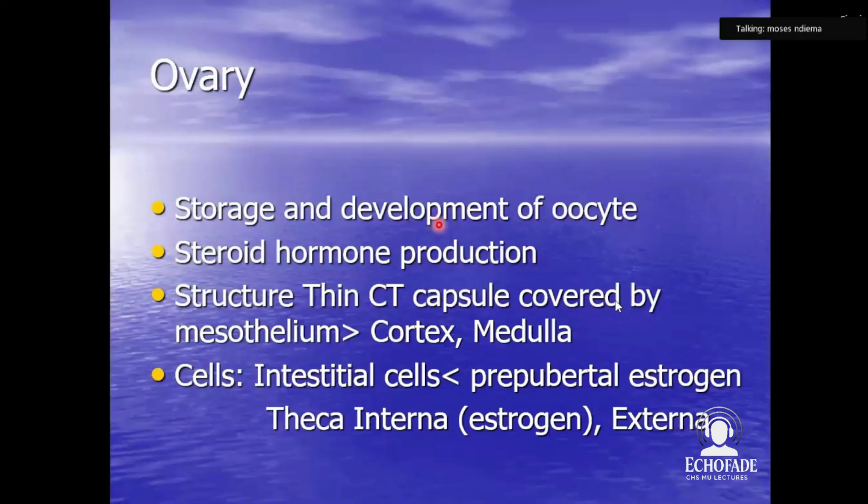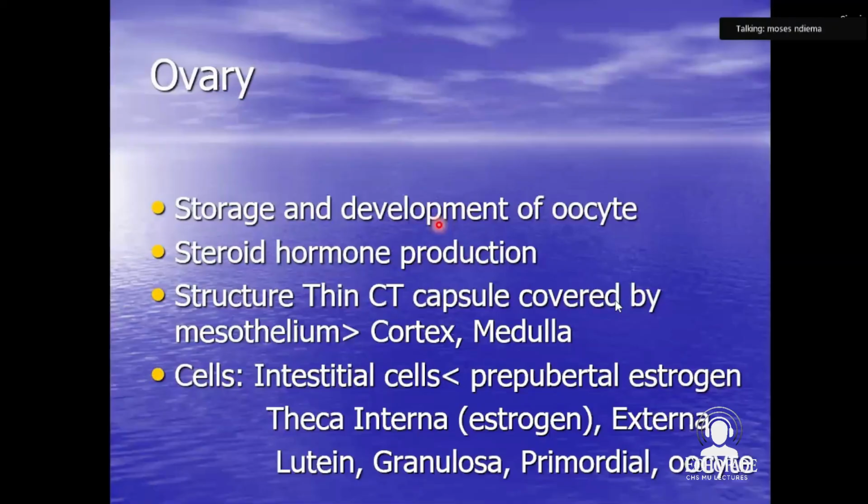It consists of slightly flattened cells, and these theca interna cells secrete estrogen. The theca externa cells are stromal cells. They are supportive cells, consisting of flattened fibroblast-like cells that form the supportive tissue of the ovary.